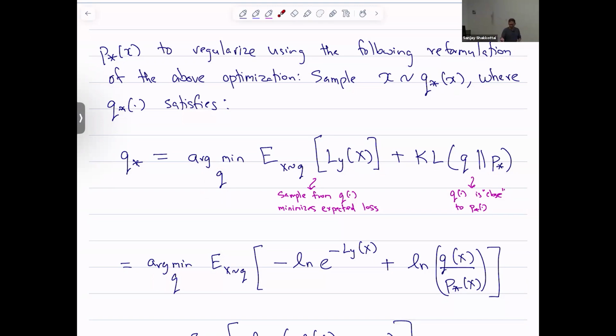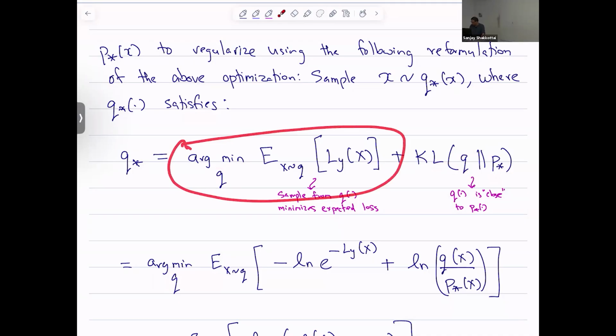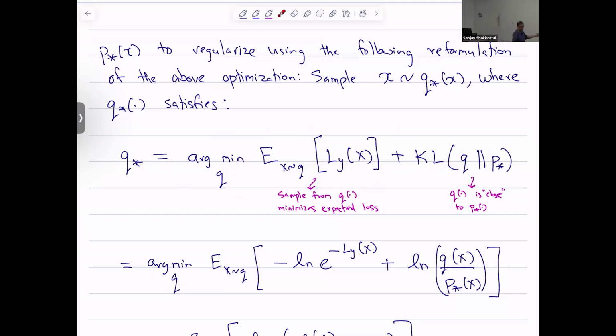So whatever samples I generate should be consistent with my measurement. In the special case where there is a unique solution, and I put the weight of this to be really small, this Q, if the regularizer was not there, would in case of a unique solution just be a delta function on the true value of X. But in general, it's going to be some distribution. So this is what I mean by regularizing through a generative prior.